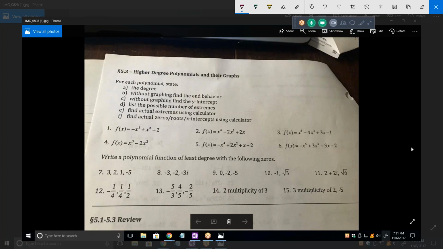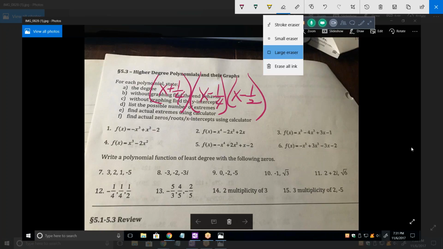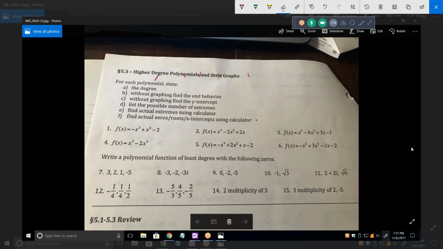So tell me what the linear factors on 12 are. We don't necessarily have to do the multiplication. It'd be x plus 1/4, x minus 1/4, and then x minus 1/2. And I feel like you know how to multiply those out. Yeah, it's just fractions.